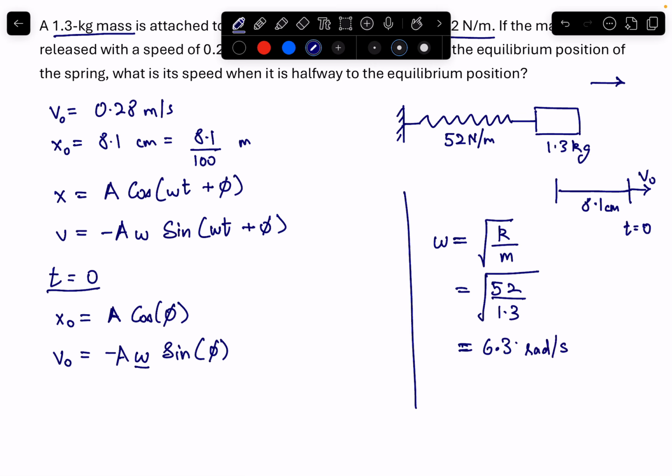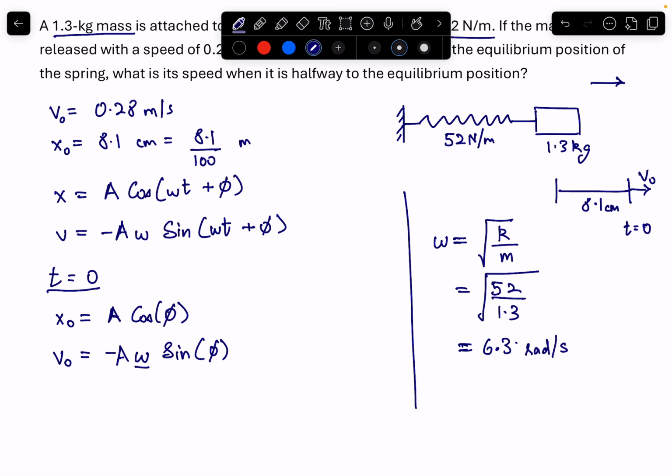So x naught is equal to 8.1 divided by 100 is equal to A, which is unknown, times cosine of phi, which is unknown. So from this equation I can say that A is equal to 8.1 divided by 100 multiplied by 1 divided by cosine of phi. So that's one of my equations.